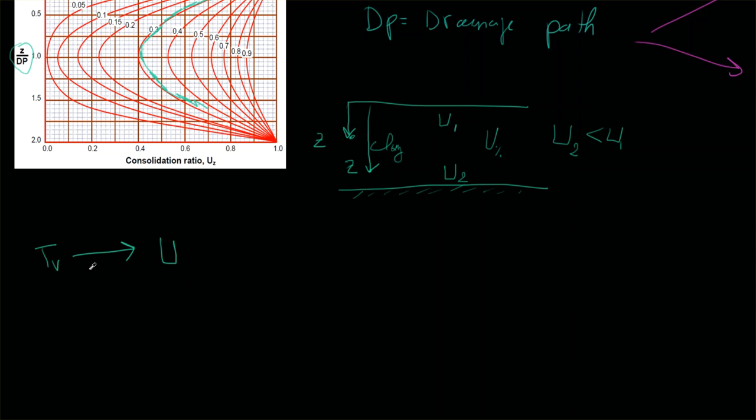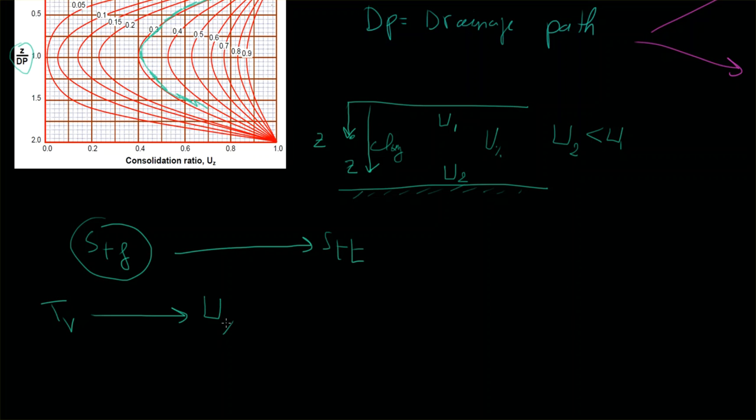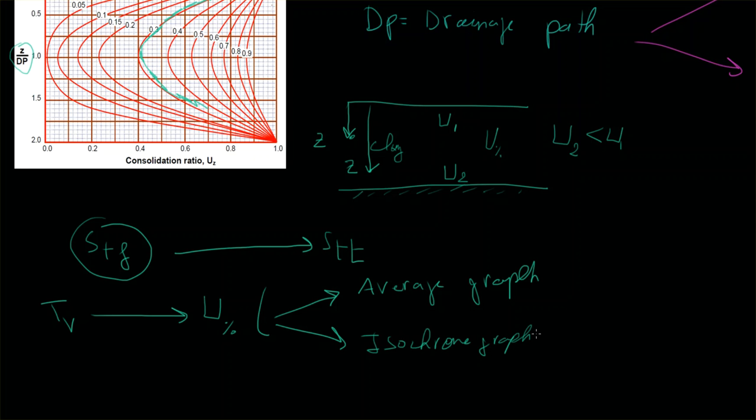Actually, let's start from the beginning. We need to find STF, the final settlement, that's number 1. Then to convert this to STT, the settlement at a certain time, we need to find TV, then U, using either the average graph or the isochrone graph.